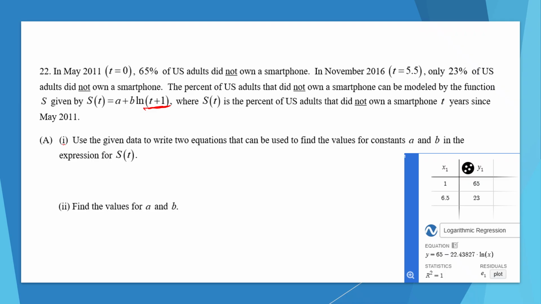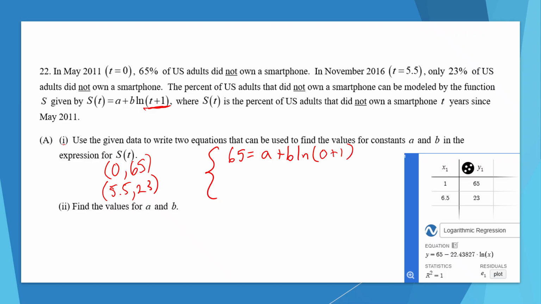What we're going to want to do is find our two coordinates to start with. This is a little confusing to gather from the story problem, but it is 0, 65, and then 5.5, 23 are two coordinates. Plugging them in, this is 65 is equal to a plus b ln of 0 plus 1.